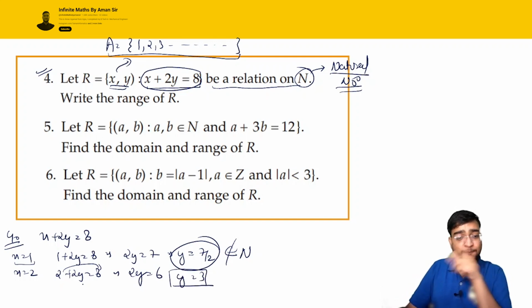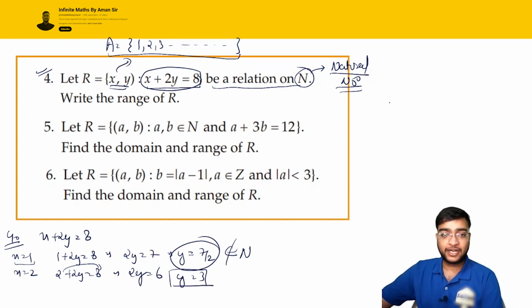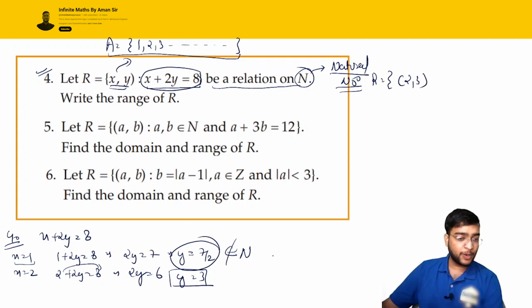So is this pair allowed? For this relation R, I can approve the pair 2, 3 only. No problem, sir.